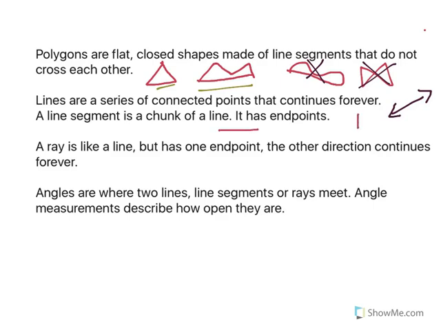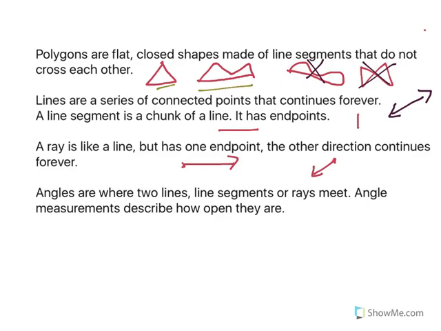Like that. Those are line segments. A ray is kind of like a line and a line segment. It has one end point and then continues forever in one direction. Like that. Sometimes they'll put a dot on the end so it's clear.